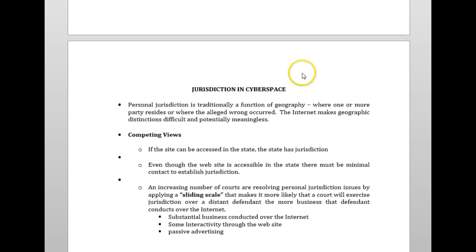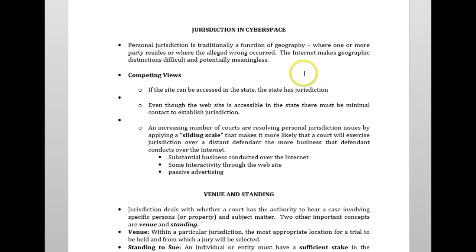And then there's jurisdiction in cyberspace, which is kind of dicey because the locale can be a bit of a problem with cyberspace because the World Wide Web is just that. It's worldwide. So the personal jurisdiction is a function of geography, correct?